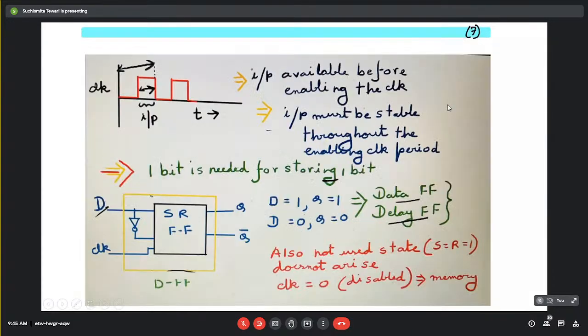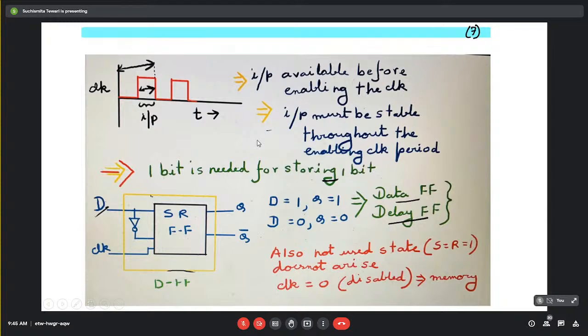So here also, although we have imposed an additional control, we still have to be careful that the input should be stable within this enabling clock period. Otherwise, there is a chance that noise might hamper the output of the flip-flop.